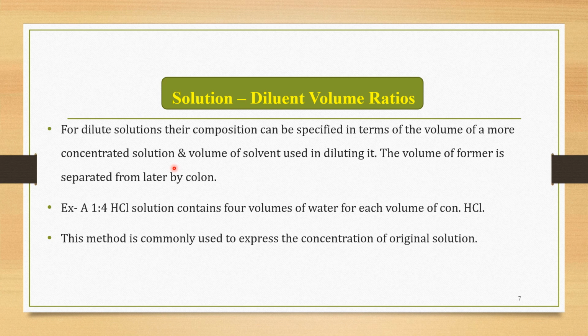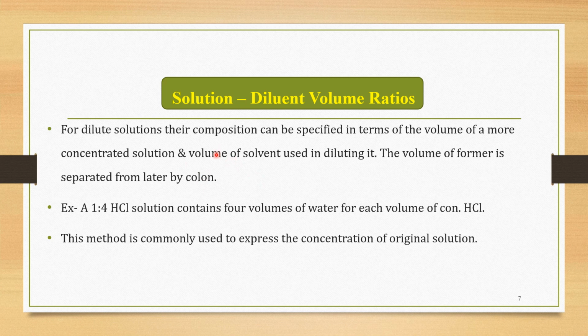If we dilute a particular pure solution, how do we express this concentration? At that stage this solution diluent volume ratio is used, where we take the volume of a more concentrated solution and the volume of a solvent used for diluting it, and these two volumes are separated by a colon.